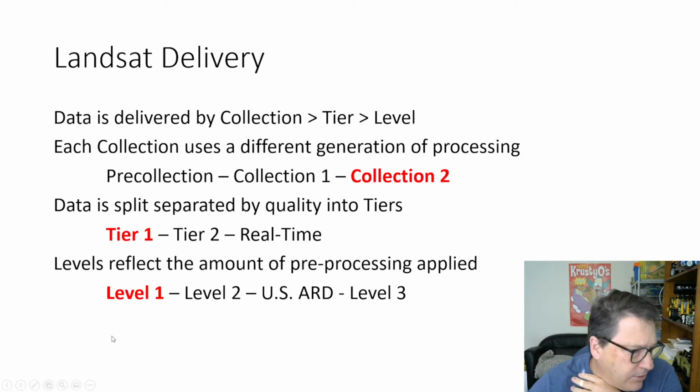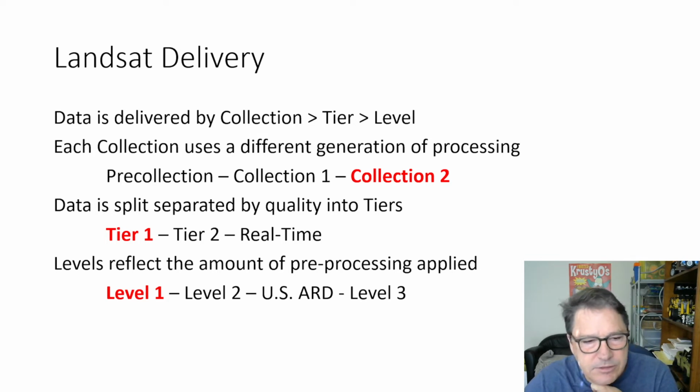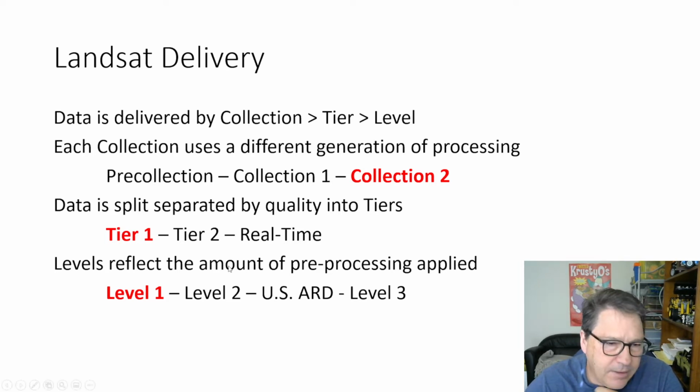So in level 1, you get what are called digital numbers. So they're delivered to you. They don't have any units, they're not radiance, they're not reflectance, they're just numbers. And then you need to process that data in order to get it into some usable form. Level 2 has been processed to what's called surface reflectance and surface temperature.